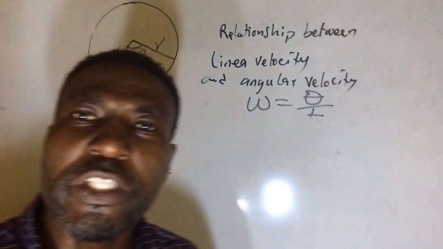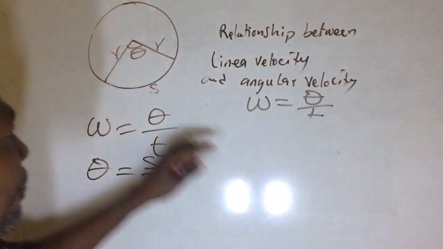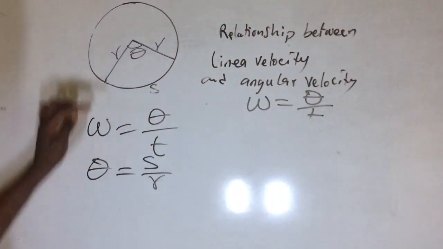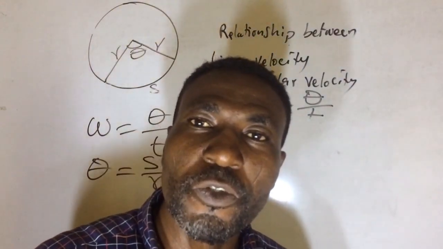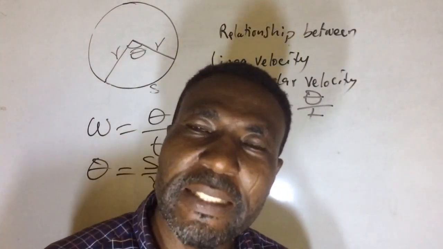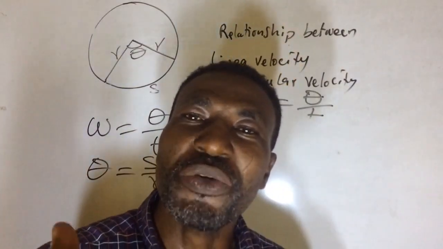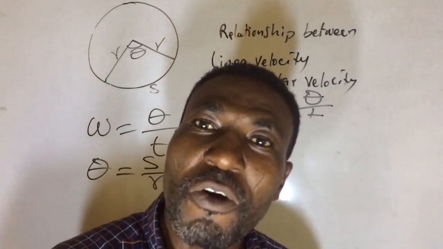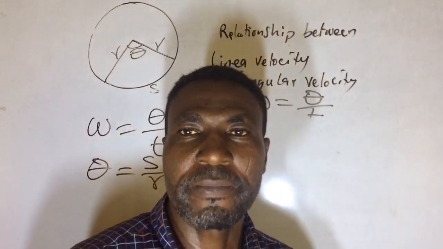So, if a body completes one circle, if a body completes moving from here to here, it has moved through 360 degrees, okay? But in angular velocity, we use the unit of radian. Therefore, the unit of angular velocity is radian per second.